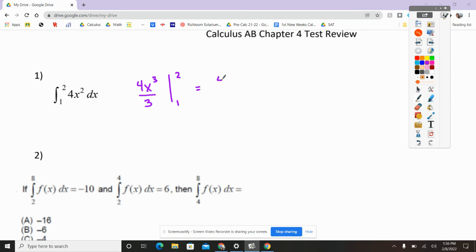So this would equal 4 times 2 cubed over 3 minus 4 times 1 cubed over 3. So if we multiply this out, this would become 32 over 3 minus 4 over 3, and you'd end up getting your answer as 28 over 3.